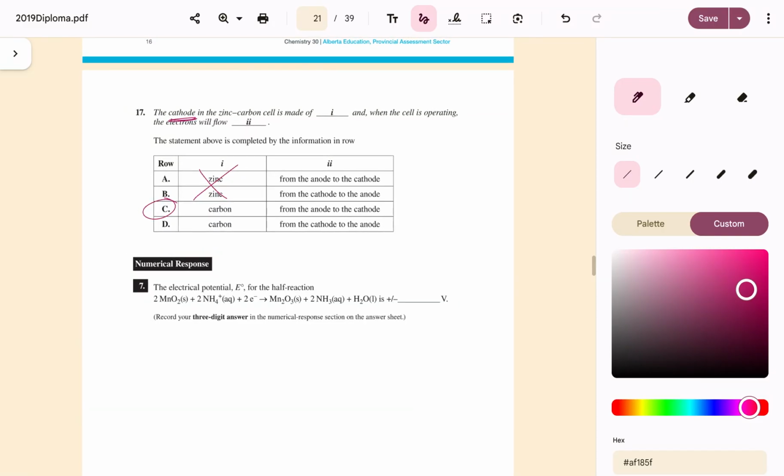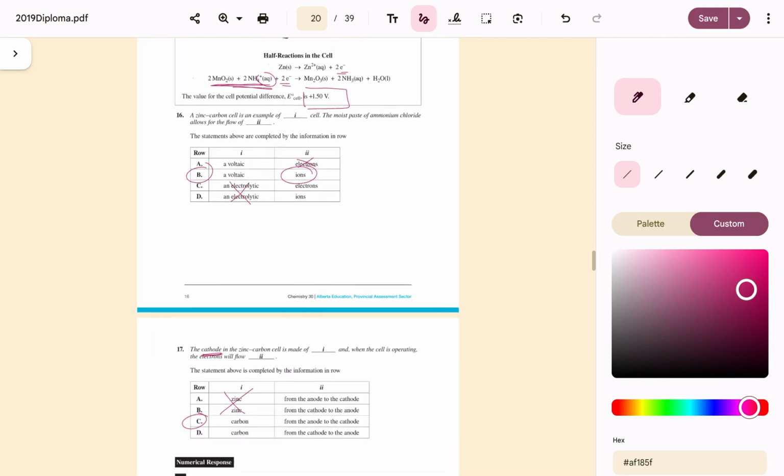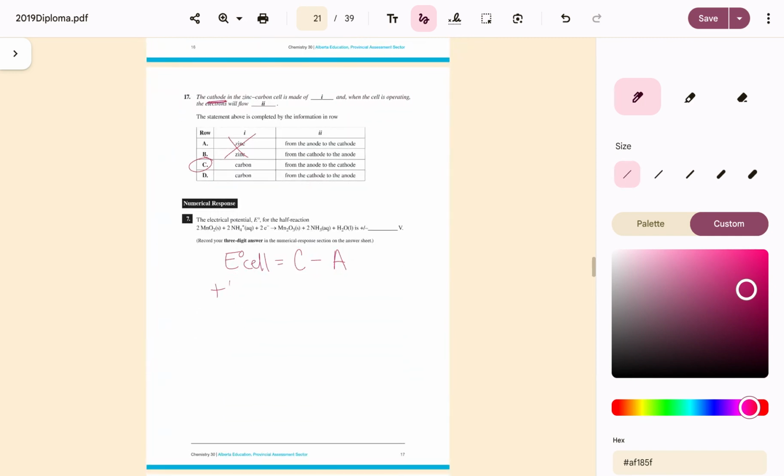This part over here, now calculating cell potential. So your E of the whole cell is going to be the cathode minus your anode. So the E of the cell was given to you. It is positive 1.50. The cathode is what we want to find because that would be the half reaction at the one that's undergoing reduction. So we don't know that.